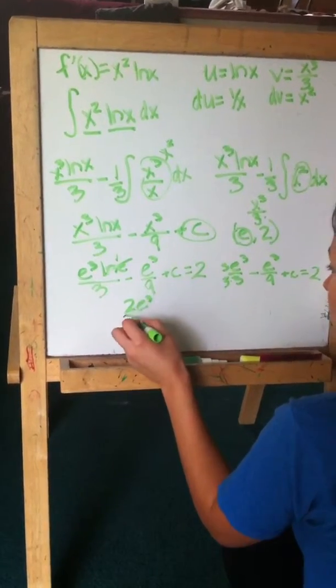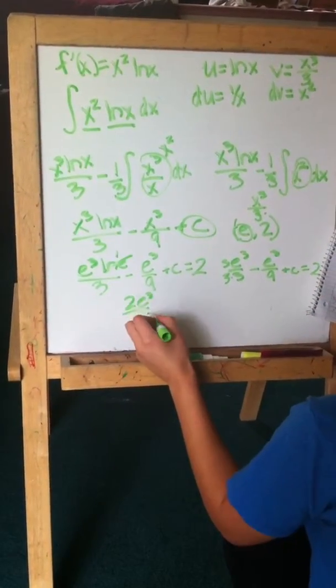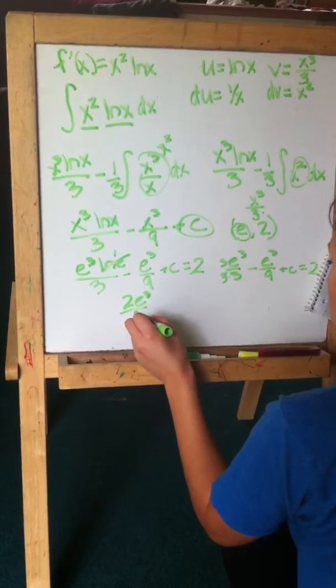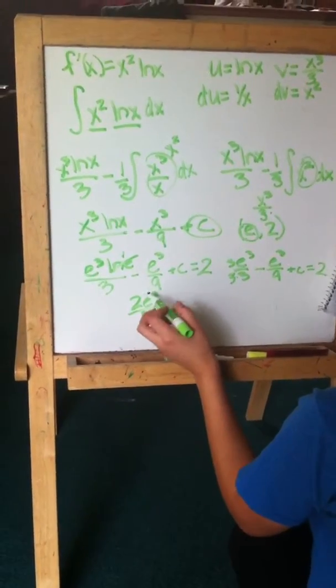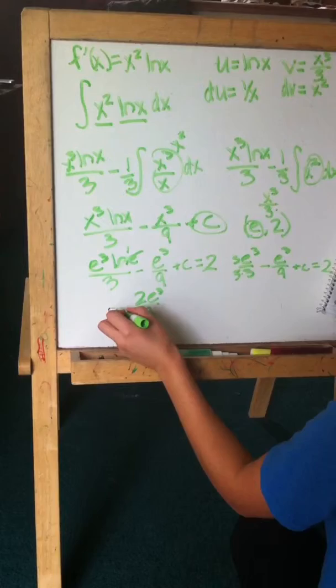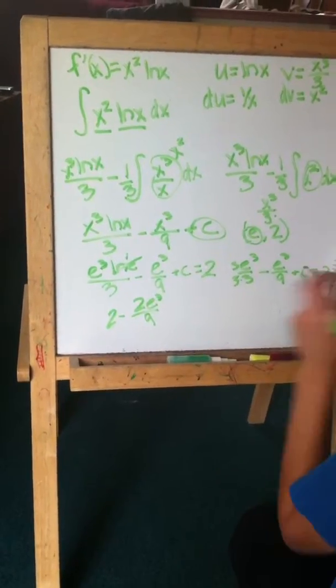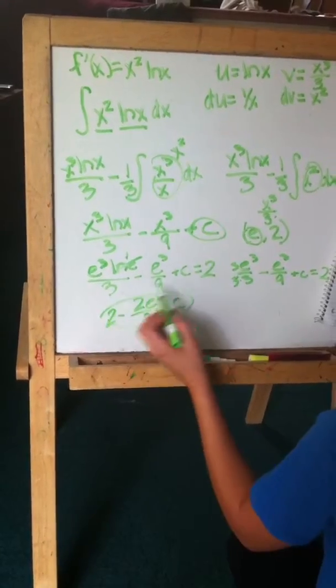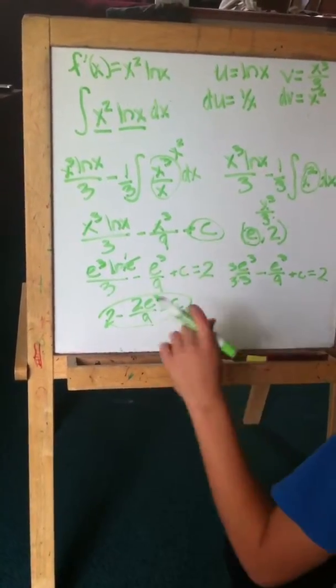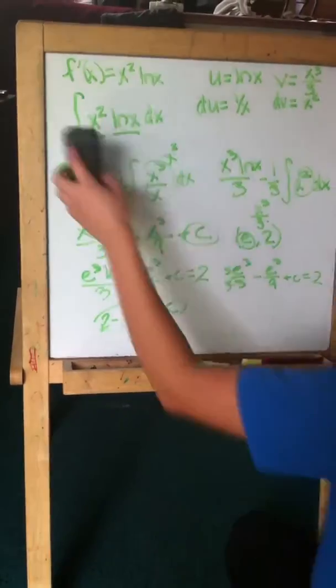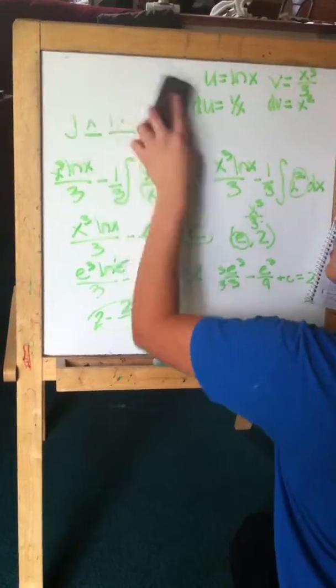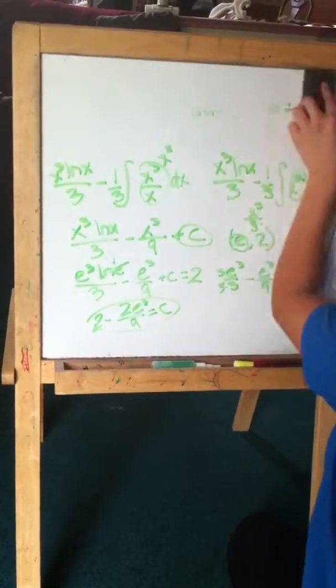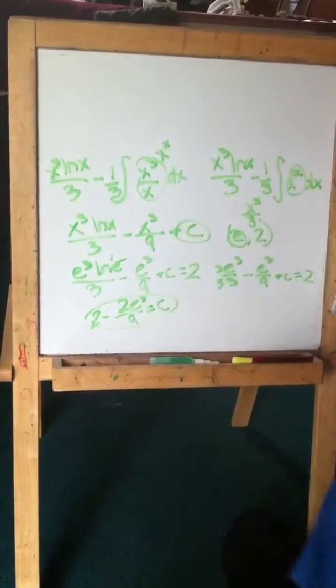And we'll get 2e cubed over 9, and we'll subtract a 2, saving the step. So we found c, and now we have to plug it in up here. I'm going to erase the top part real quick so we can put it up here because it's long.